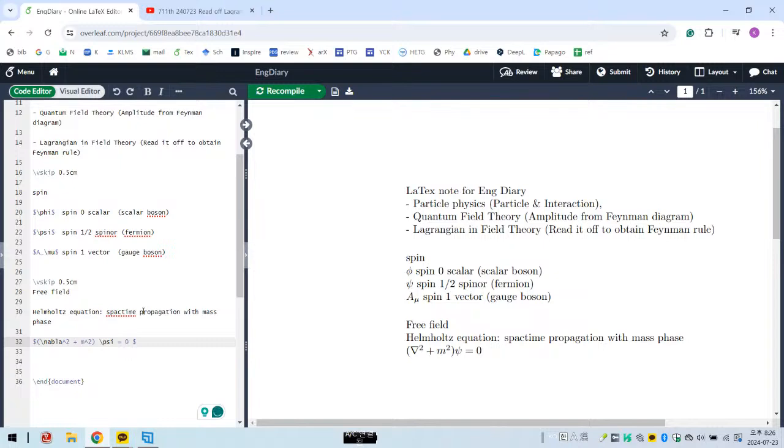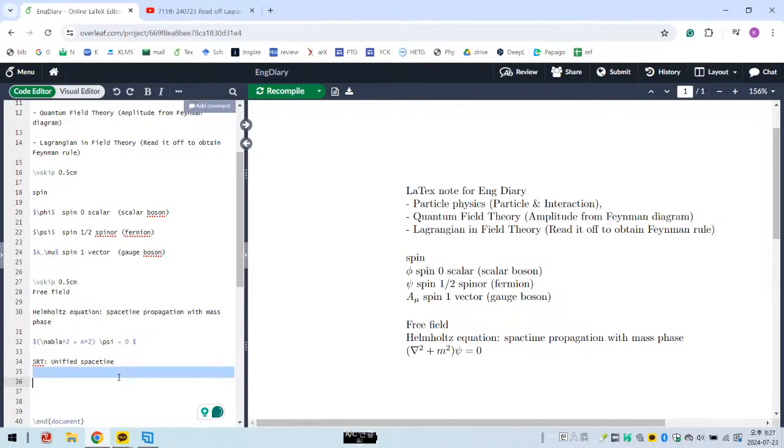So such Helmholtz equations describe the propagation of some physical object, and the solution is given by the plane wave with mass, and it satisfies the dispersion relation with energy corresponding to the time component and momentum corresponding to the spatial component. And in special relativity, space-time is unified, so the Helmholtz equation should describe the propagation in space-time.